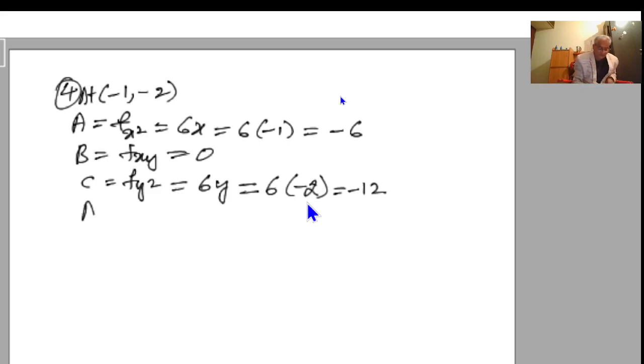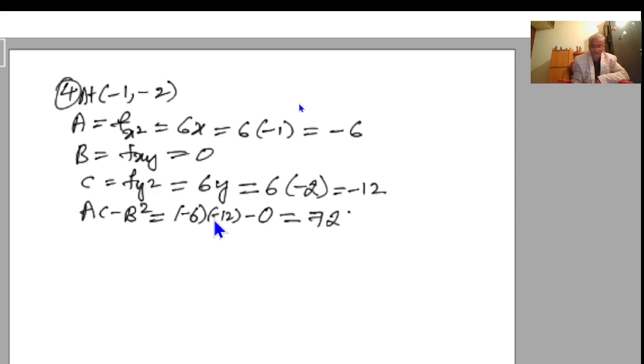Now what is this? AC minus B square is equal to A is minus 6 into C is minus 12, minus B square is 0. This is equal to minus into minus plus, 72, greater than 0. Okay. And here A equal to minus 6, this is less than 0.